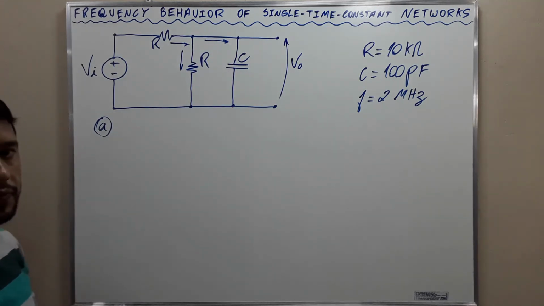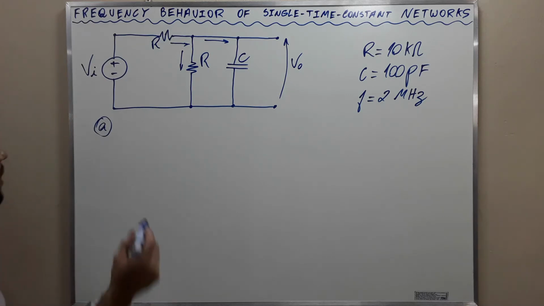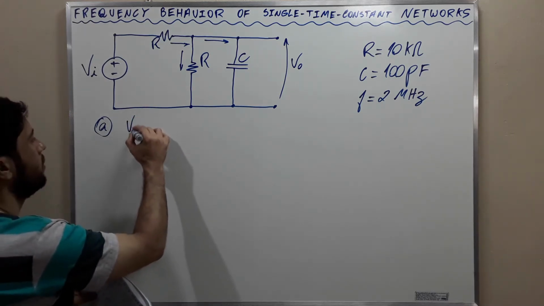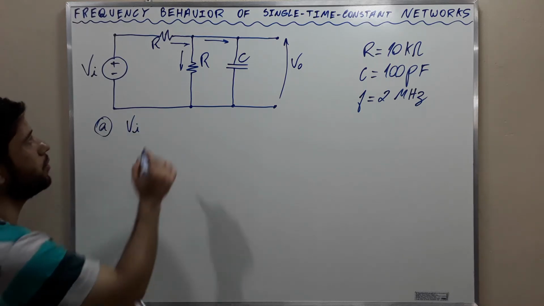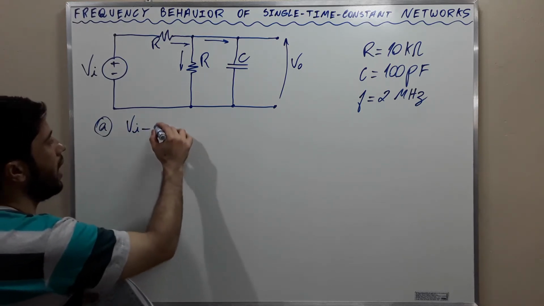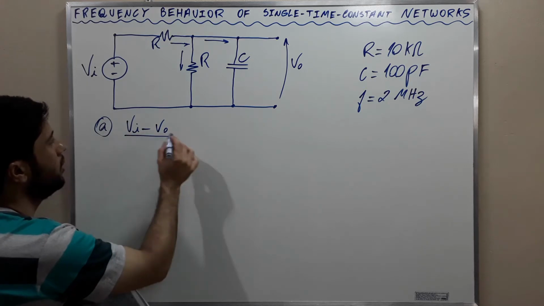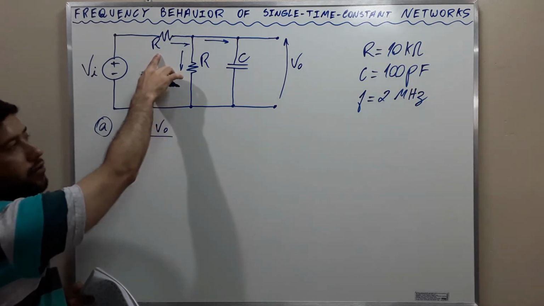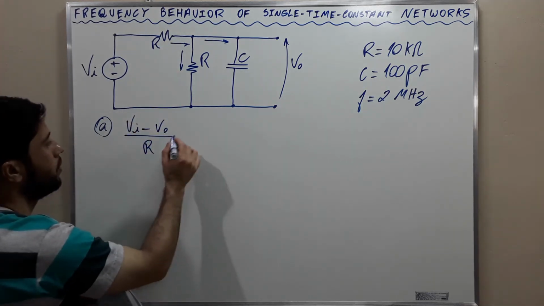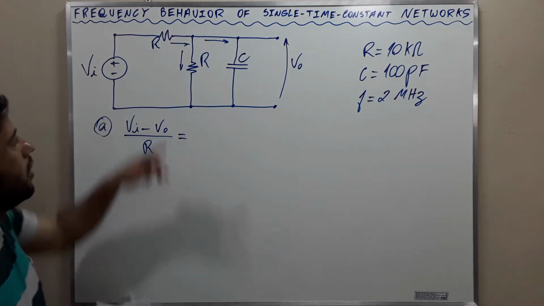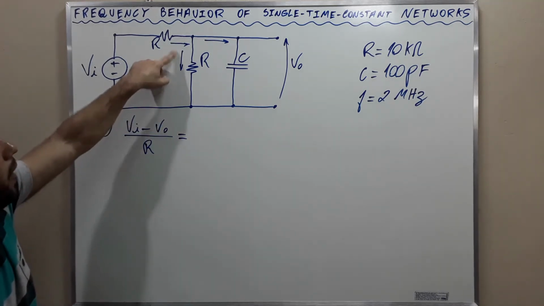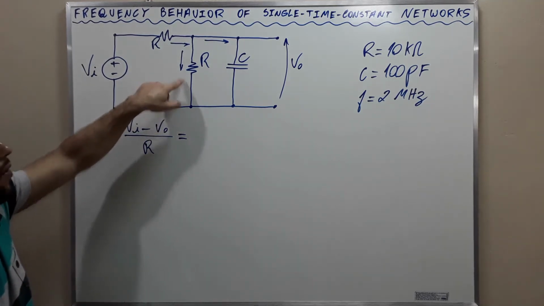All right? And we can write that the input voltage minus the output voltage divided by this resistance is this current here.